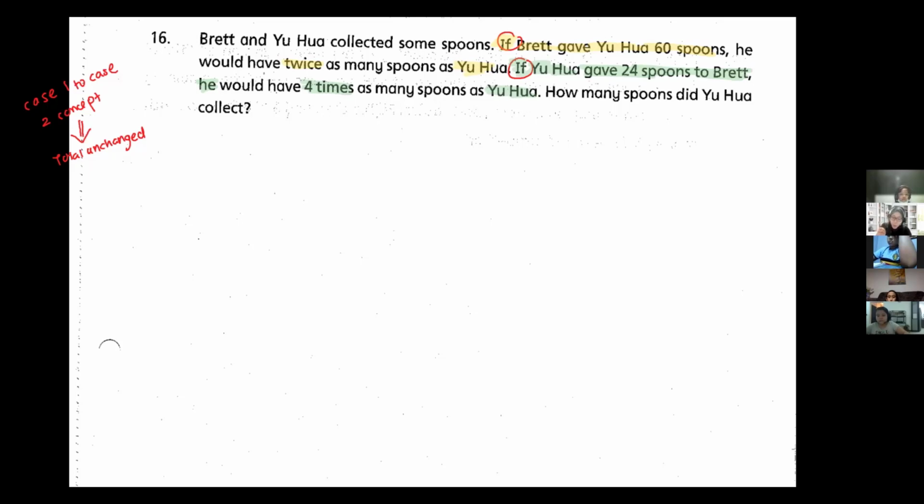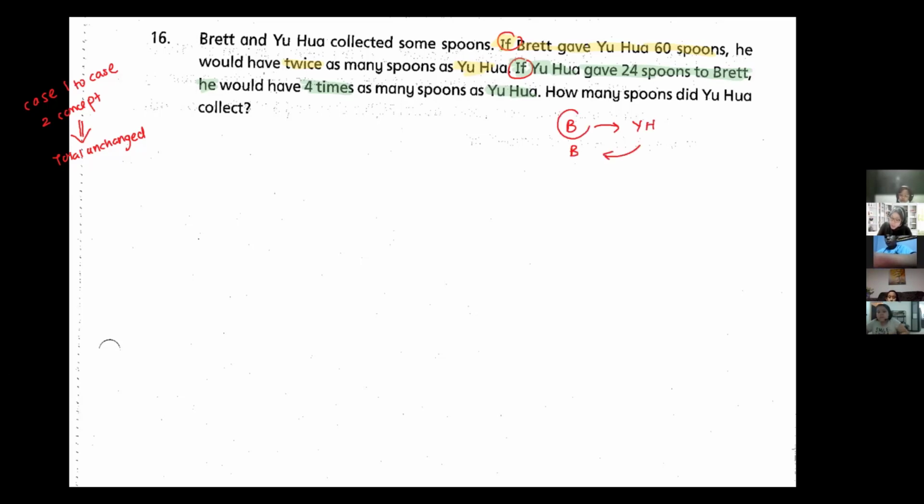Now, why is it total unchanged? Because there are two people in the question, Brett and Yuhua, and the giving of the spoons is within the two of them only. No third party is involved. It is Brett giving to Yuhua, then Yuhua giving to Brett.